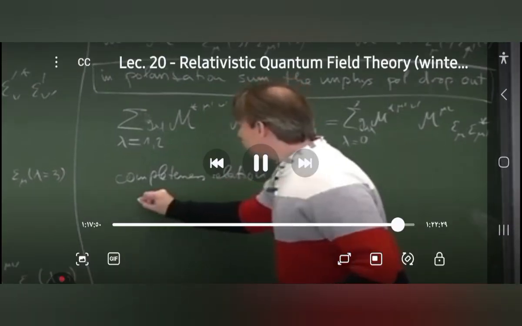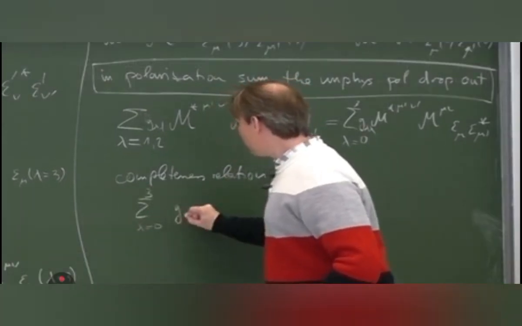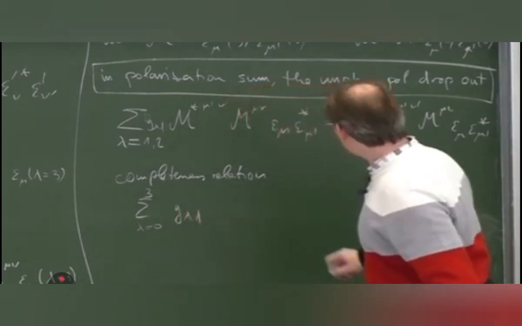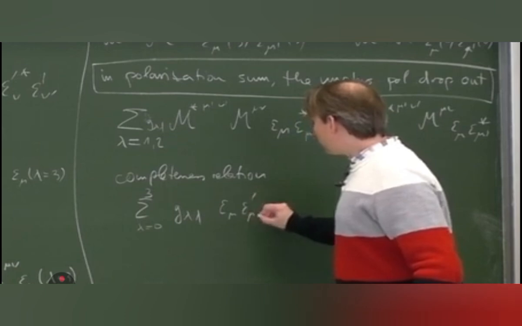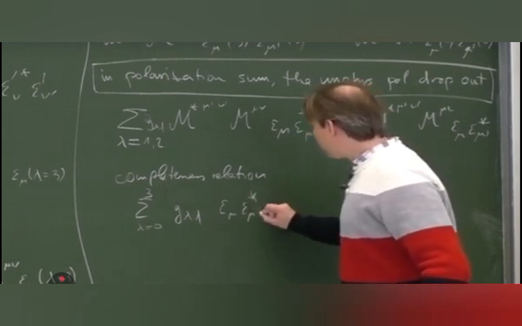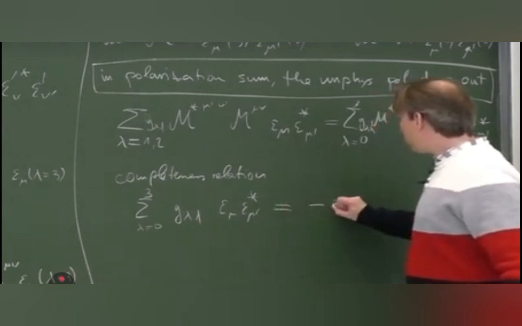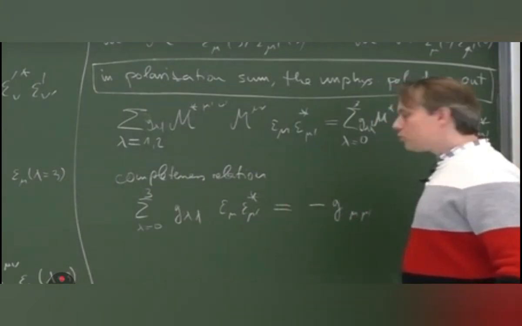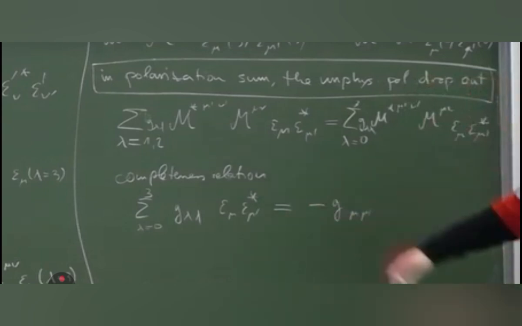Namely, the completeness relation is the sum over lambda from 0 to 3 with this sign-dependent prefactor of epsilon mu, epsilon star mu prime, which is equal to minus the metric tensor g mu mu prime. That is what we established at the time.